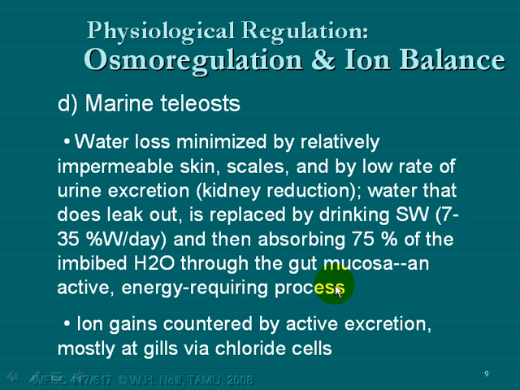So the trick is that they actively absorb monovalent ions in the interior part of the gut mucosa, raise the resulting osmotic concentration of the mucosal blood to a level higher than the seawater that is there after they've removed a lot of ions from it, and then passive diffusion allows water to be absorbed into that mucosal blood.